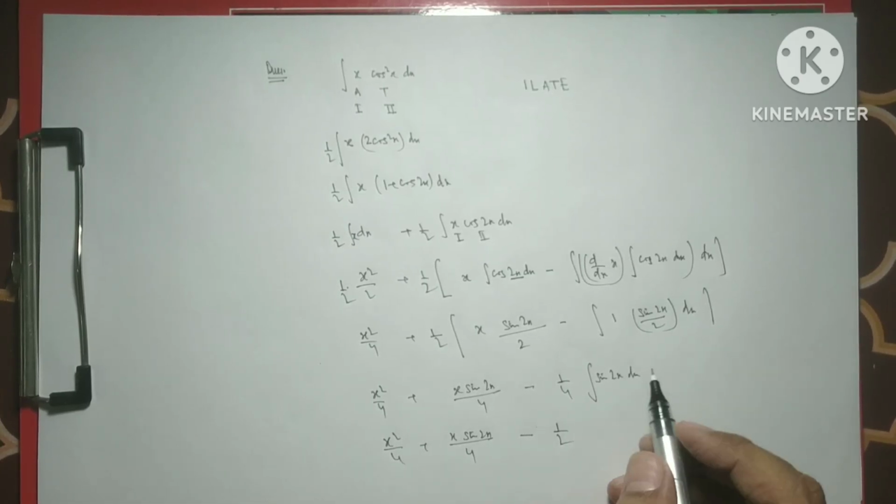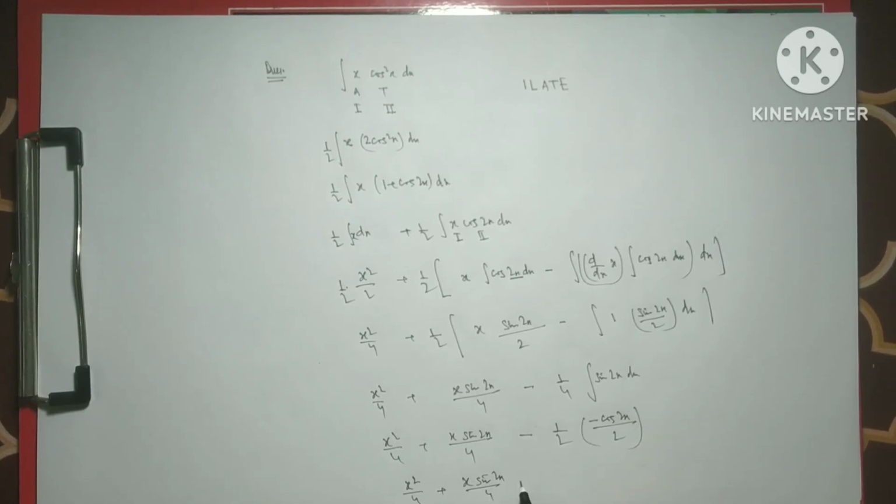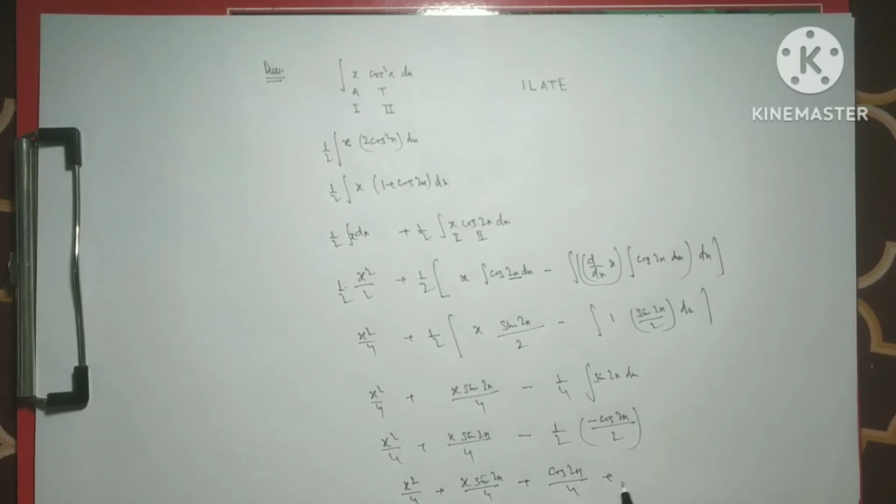Now the integration of sin 2x will be minus cos 2x divided by 2. So the final answer will be x square by 4 plus x sin 2x by 4, and this is positive cos 2x by 8 plus c.